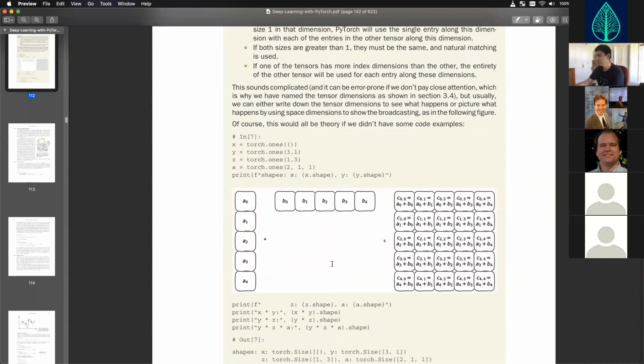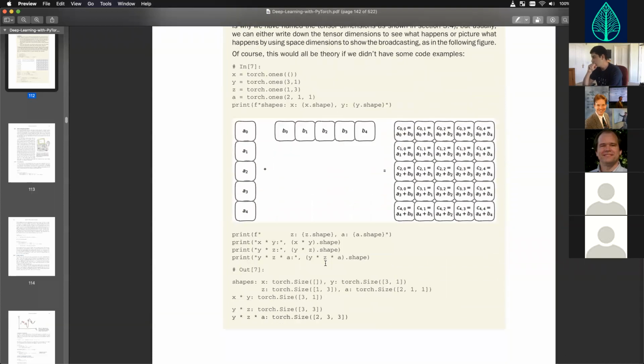Okay, and then I had one related one just at the bottom of Ryan's screen there, maybe 1 or 2 more rows down. I understand that you do a 3 by 1 and a 1 by 3, and you get a 3 by 3. But I just didn't remember that if you had that last one, y cross z cross a, and you did the y z, you end up with a 3 by 3, and then if you apply a 3 element matrix to it, why is the 3 3 in the second and third position, not the first position?